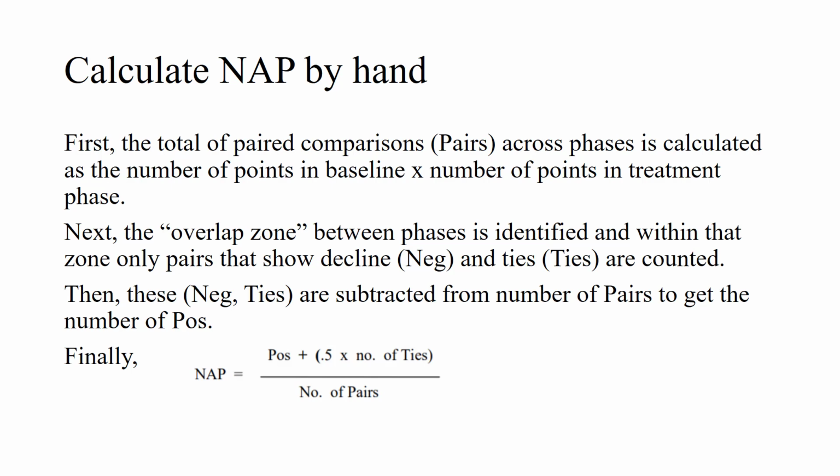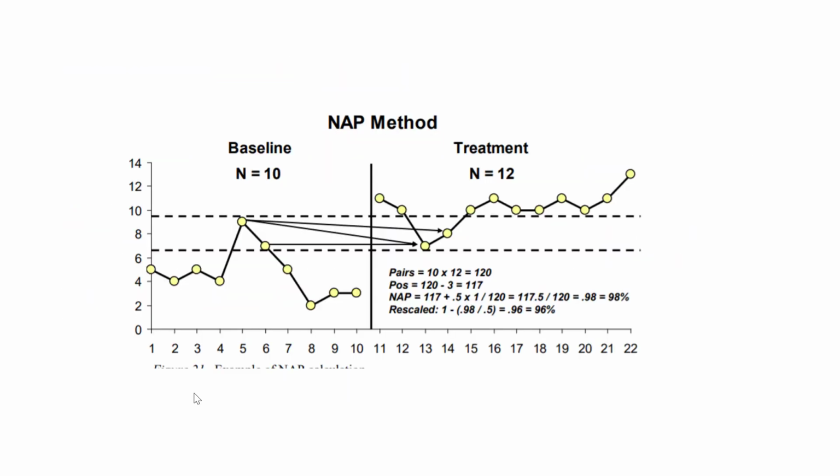Then these decline and tie pairs are subtracted from the total number of pairs to get the POS. This is the formula that we use to calculate NAP. It's relatively simple to execute by hand, but you can also use one of the online calculators for NAP.